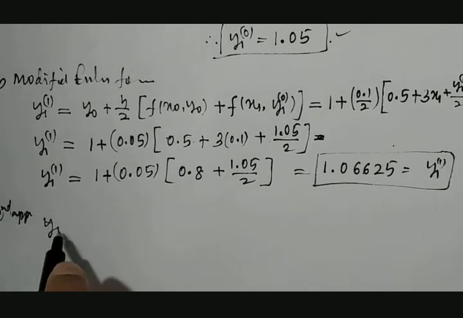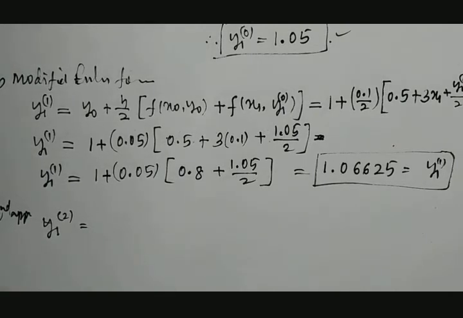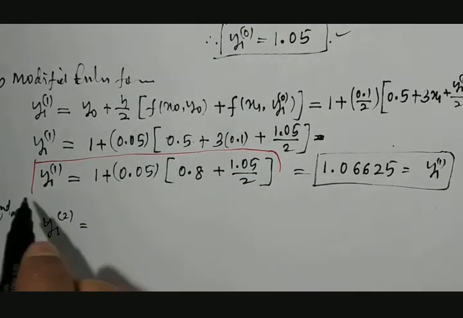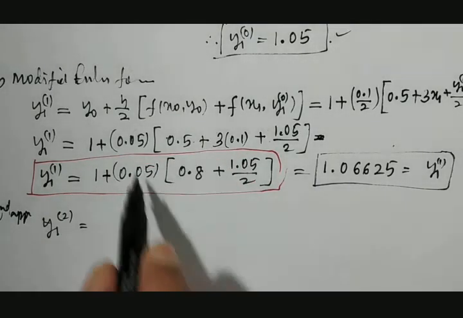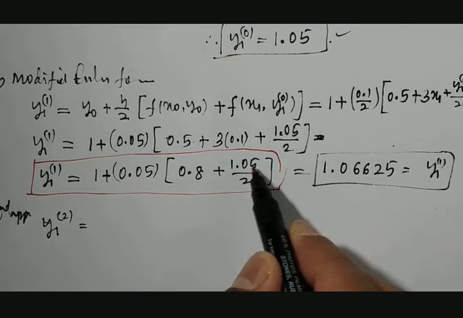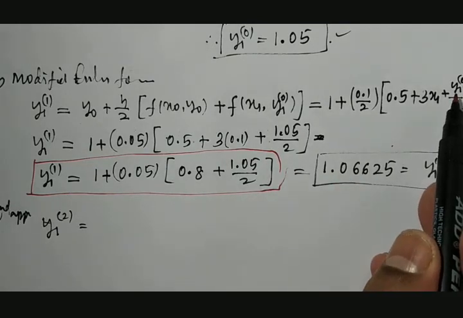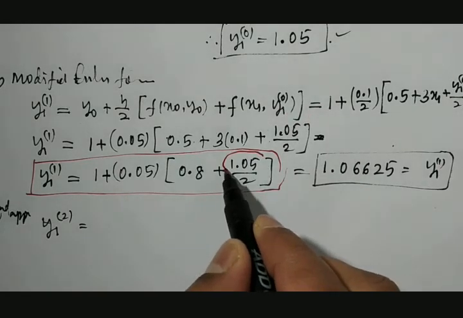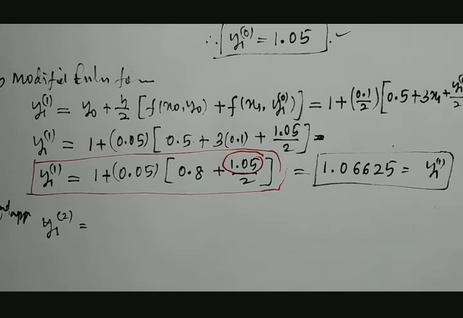Next, the second approximation to y1. Here we take this as a reference step. Everything will be as it is, only the value which is the initial value of y1 will be replaced. When this value is replaced by the new value, we obtain the next result.